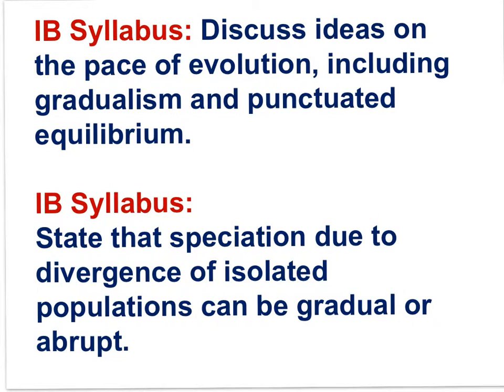And that brings us to two IB syllabus statements. Discuss ideas on the pace of evolution, including gradualism and punctuated equilibrium. State that speciation due to divergence of isolated populations can be gradual or abrupt.